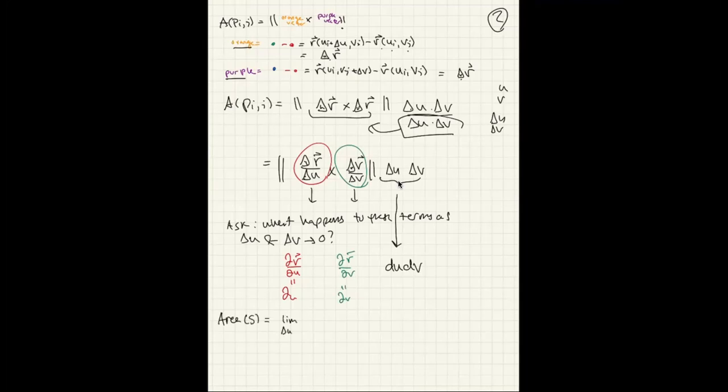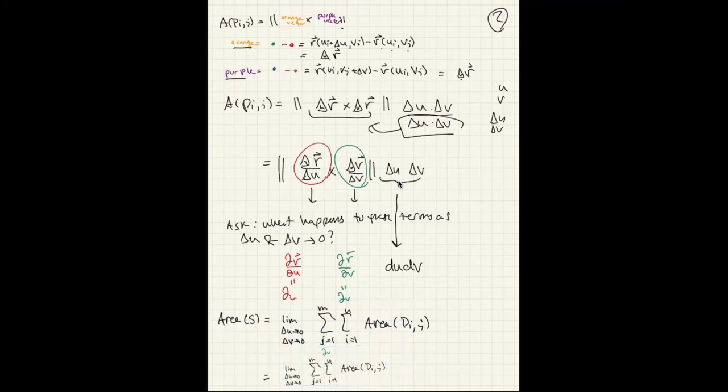So the limit as delta u goes to 0 and delta v goes to 0 of the sum, j equals, i equals, they start at 1, this one goes to n, this one to m, of the area of P_ij.